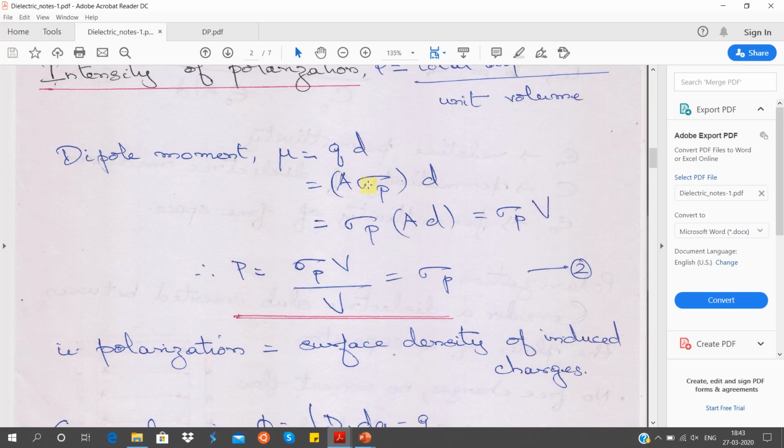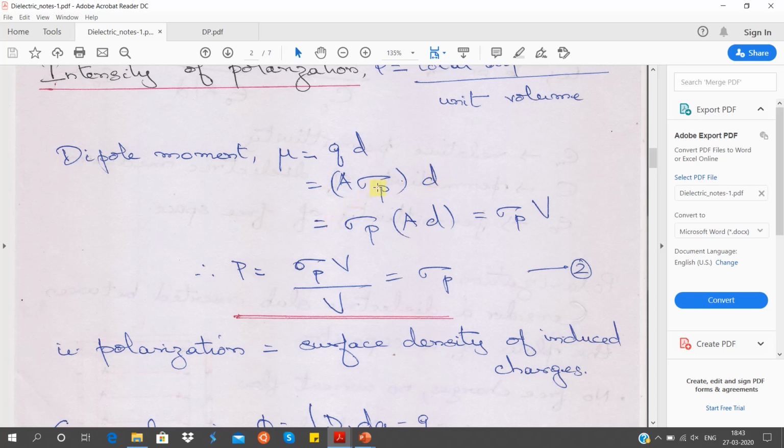Surface charge density, if you all remember, is nothing but charge divided by area. So I can write charge as area times surface charge density, A into sigma p. And so the dipole moment becomes A into sigma p into the distance of separation.